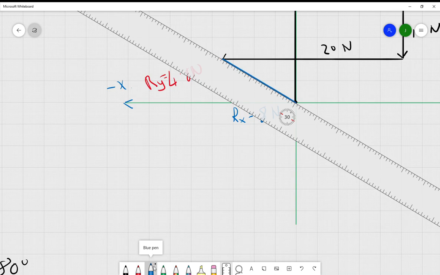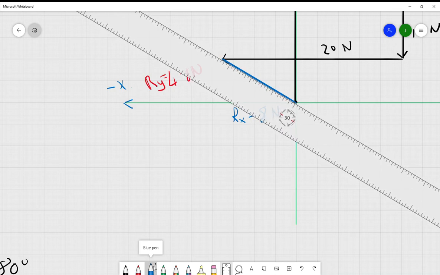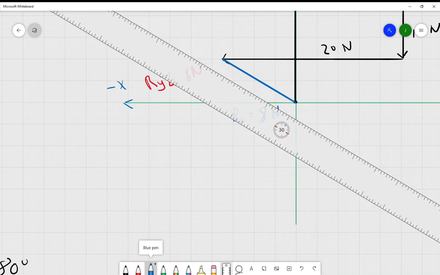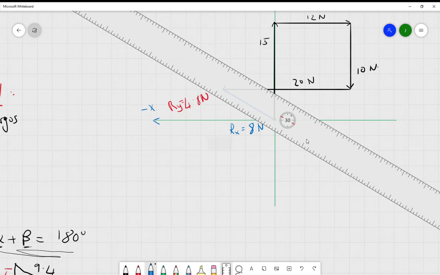So let's go with blue, and we'll just draw a line here. There you go. So let's look at the length. 1, 2, 3, 4, 5, 6. That makes no sense. Ah yes, because I zoomed in.